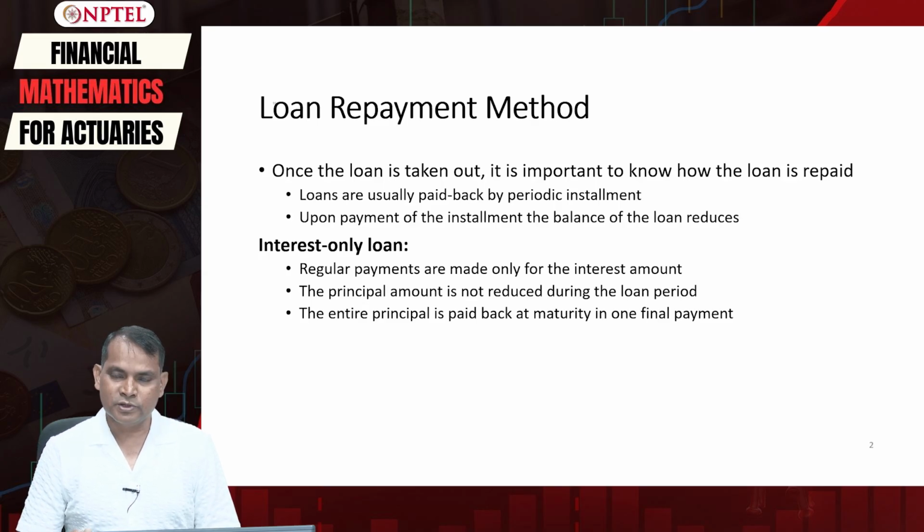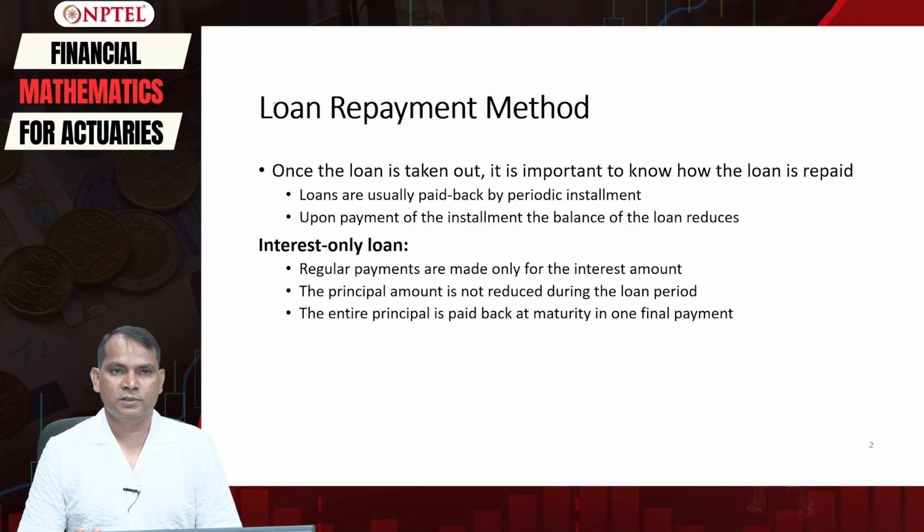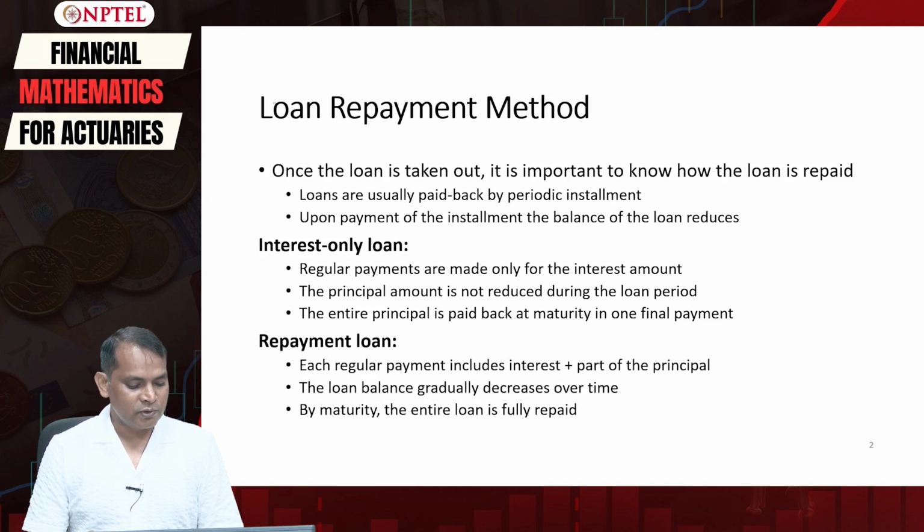So in an interest only loan, recall that the regular payments are made only for the interest amount, and the entire principal is paid back at maturity in one final payment. We used this type of process in the sinking fund method also. Another way was the repayment loan.